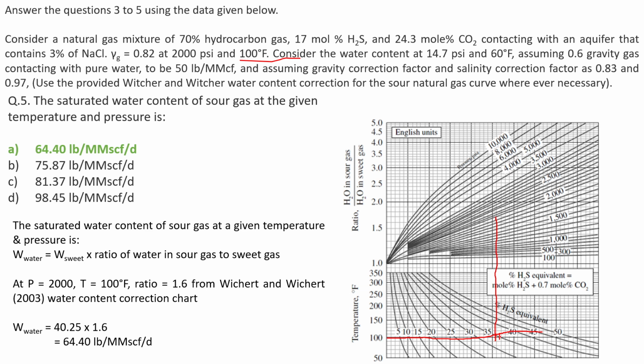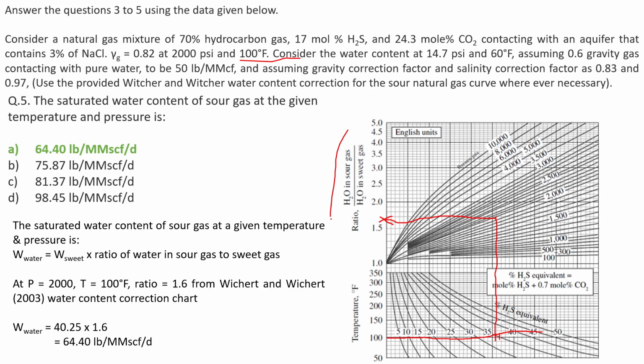From temperature we reach the curve where the percentage H2S equivalent is given, and from the point where that curve cuts the temperature line, we draw a straight line and reach the pressure. Now at this pressure, when we draw a straight line to the left side, we get somewhere around this point, and that will give you the ratio of H2O in sour gas divided by H2O in sweet gas.